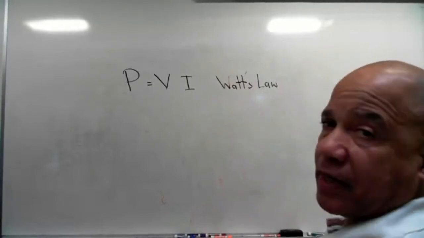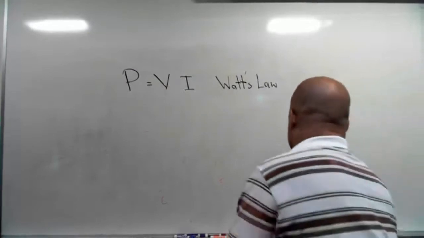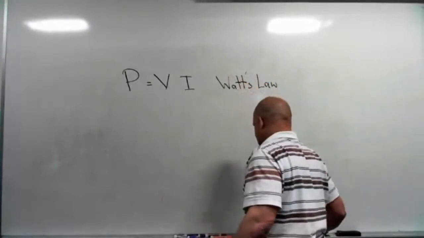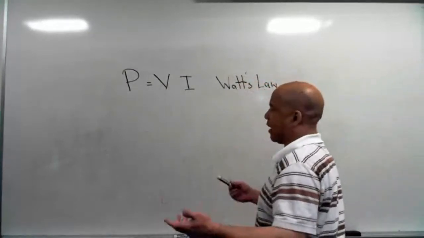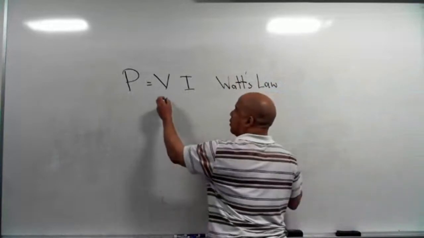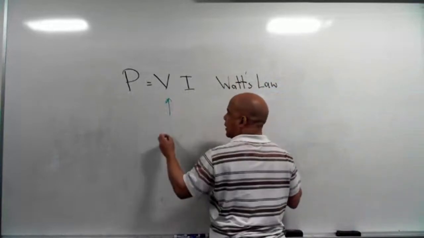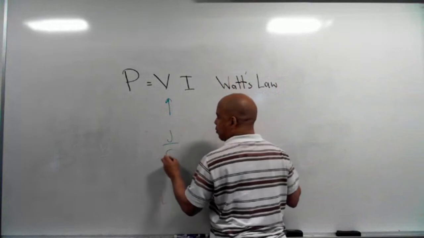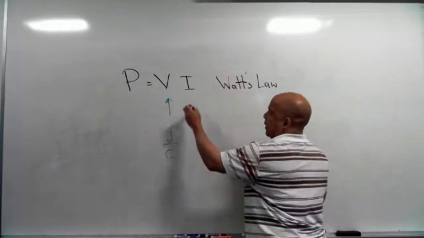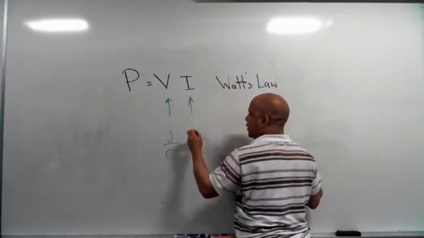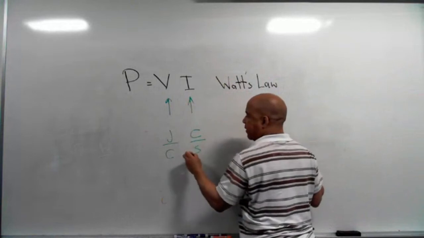And if you remember, if you did the supplementary quiz, or if you paid attention to the lecture from last week, and I mentioned it this week, the unit for voltage is a joule per coulomb. And the unit for current is a coulomb per second.